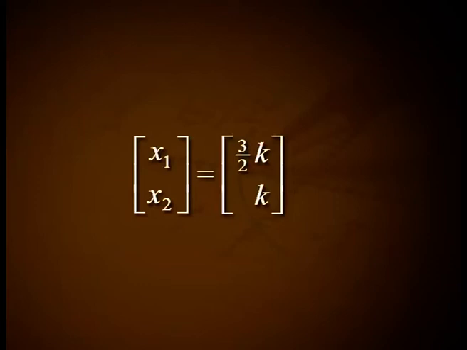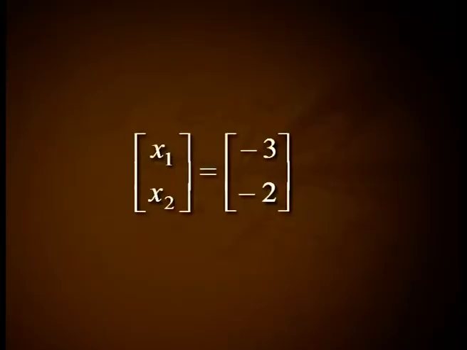Since the rank of the coefficient matrix is 1, which is less than 2, the number of unknowns, we can assign arbitrary values to n minus r equal to 2 minus 1 equal to 1 unknown, say x2 equal to k, and obtain an eigenvector corresponding to lambda equal to 12 as matrix x1, x2 equal to matrix 3/2 k, k. Putting k equal to 2, we obtain a particular eigenvector matrix x1, x2 equal to matrix 3, 2.